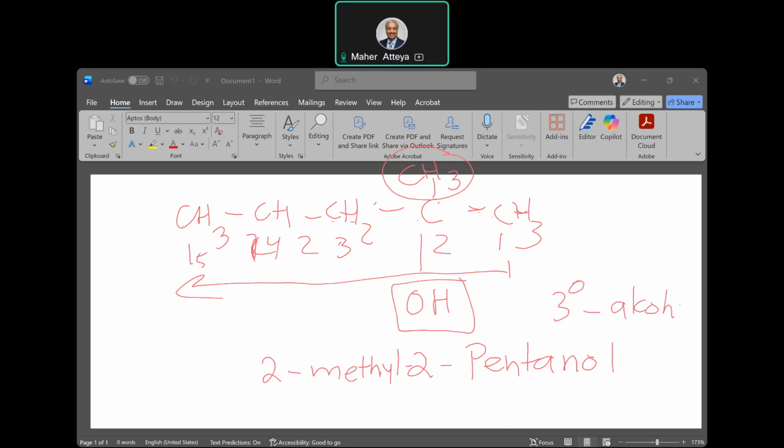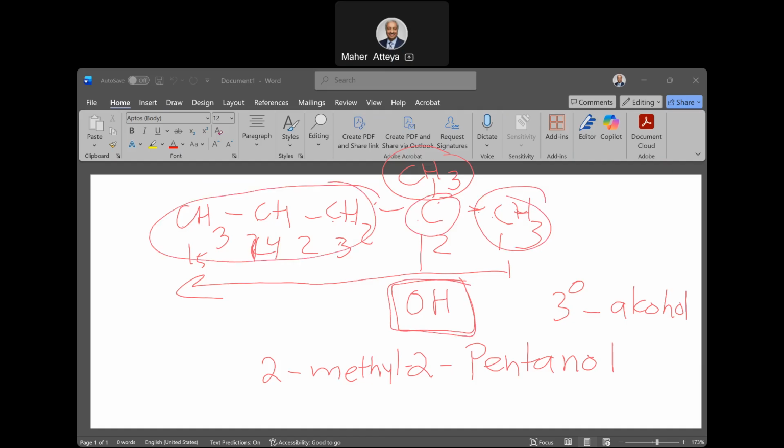Because the carbon that carries the OH carries 3 groups. This is the carbon that carries the OH, and it carries 3 groups: 2 methyl groups and 1 ethyl group. So that's alcohol. Let's go to something closer to alcohol, which is ethers.